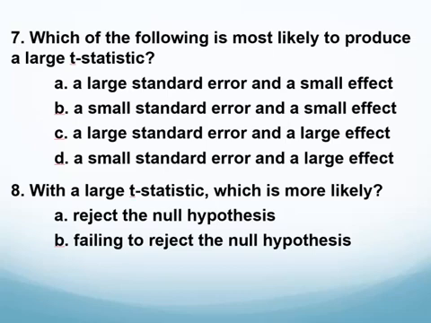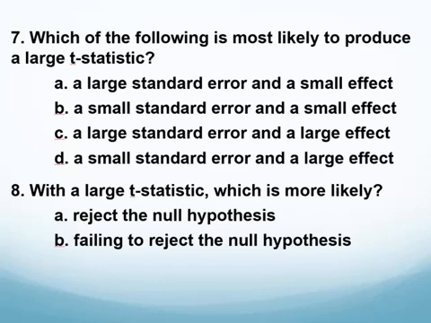Okay. And then with a large t-statistic, which of these scenarios is more likely? If I have a very large t-statistic, am I more likely to reject the null or fail to reject the null? Hopefully by this point, I've really beat a dead horse here pretty good, and you should have determined, oh, it should be A, right?